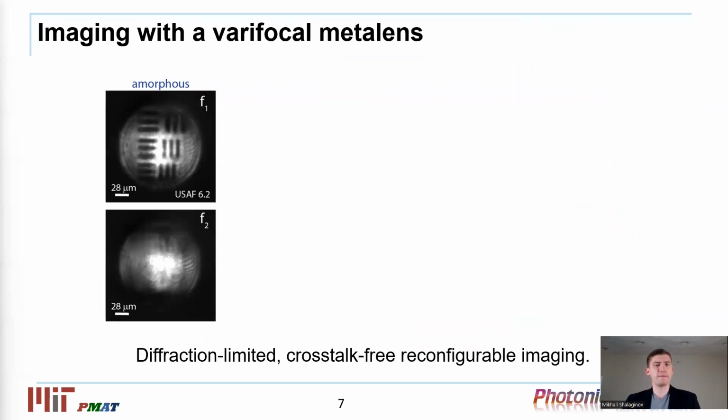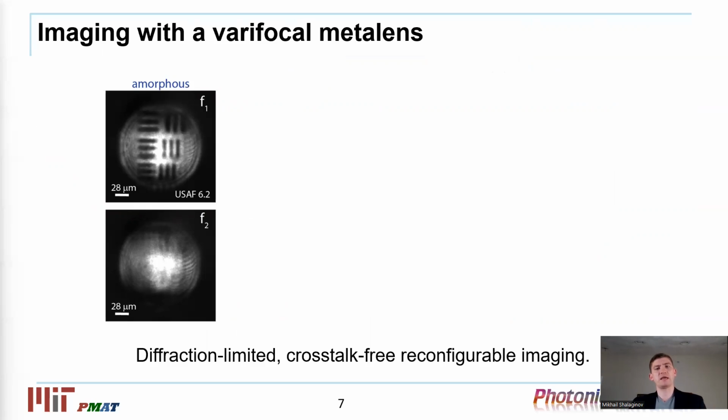We fabricated the metalens, then characterized it and demonstrated high-resolution, low-crosstalk imaging. Here in the imaging demo, the metalens, first in the amorphous state, produces a clearly resolved image of the resolution chart with a half period of 7 micron, which is close to the diffraction-limited resolution.